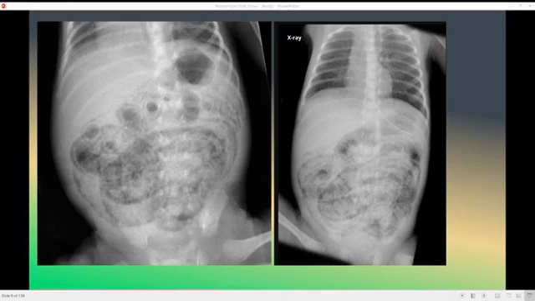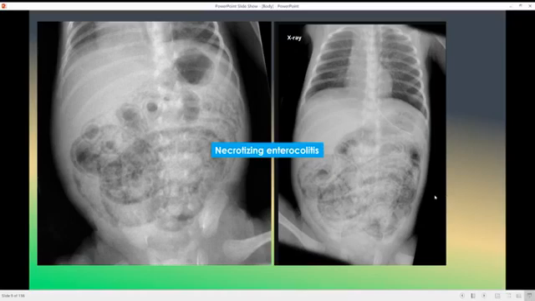We receive some answers. Okay, very good, all of you. This patient has necrotizing enterocolitis, as we see here and in the other film. Necrotizing enterocolitis. Very good, all of you, for this simple case.